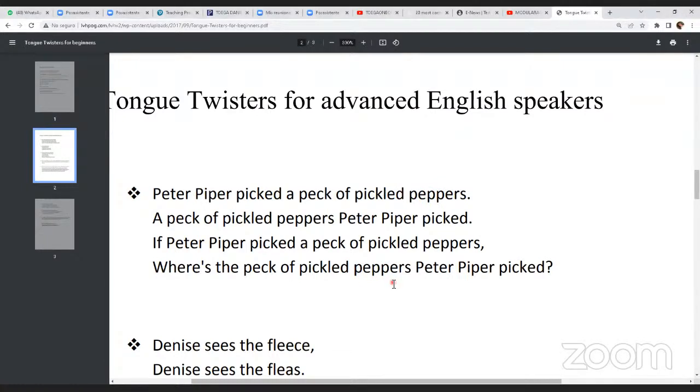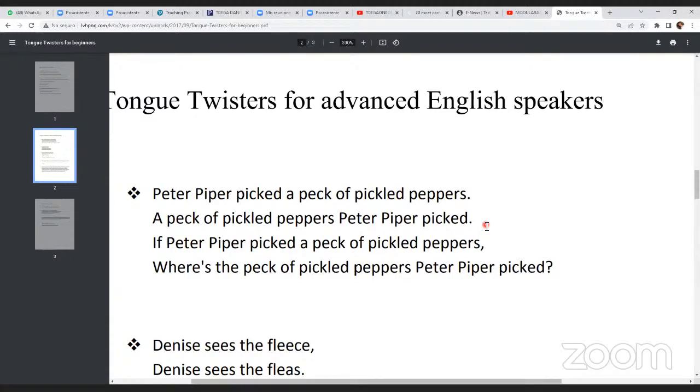One more time. I'm going to read the first line, right? Peter Piper picked a peck of pickled peppers. Peppers. Tal cual se está escrito, tal cual se lee, right? A peck of pickled peppers Peter Piper picked.